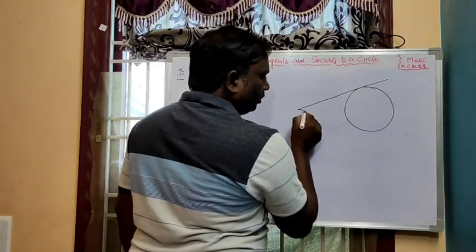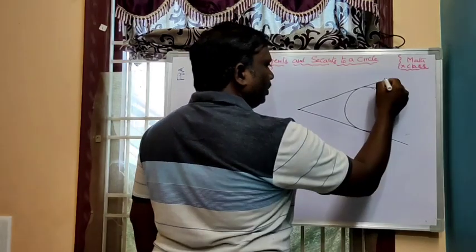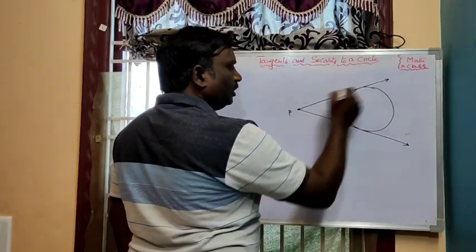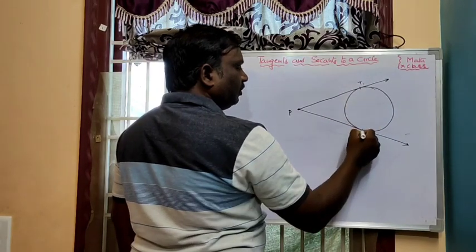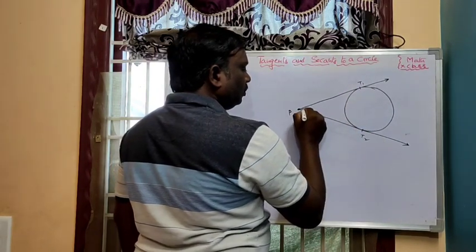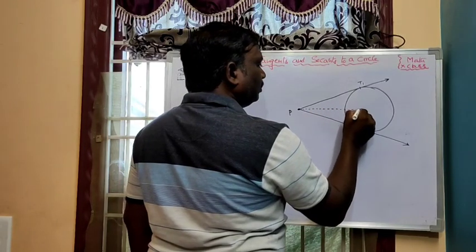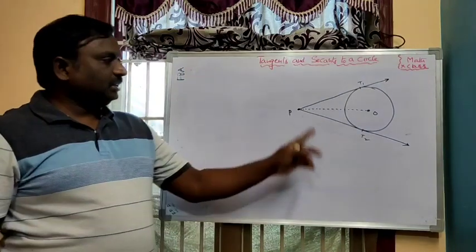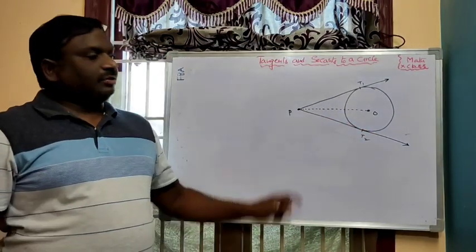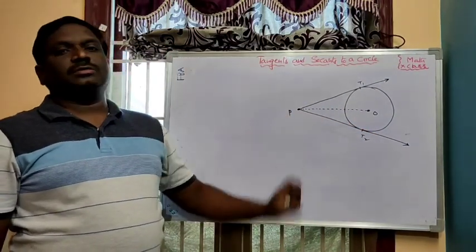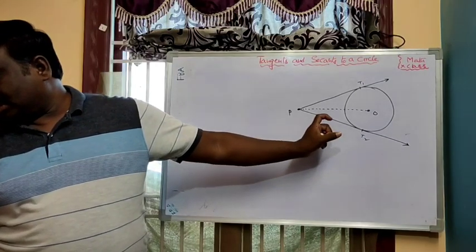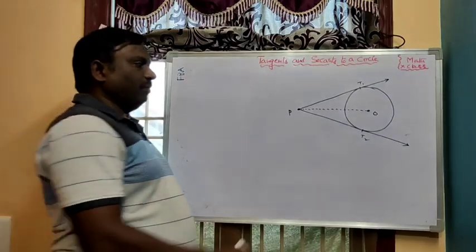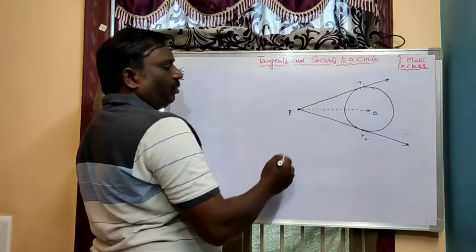So now see here, I'm explaining those 4 statements. This is the external point P to the circle and these two are the tangents, PT1 and PT2. This is the center of the circle. The center of the circle lies on the bisector of the angle between the tangents drawn from an external point.